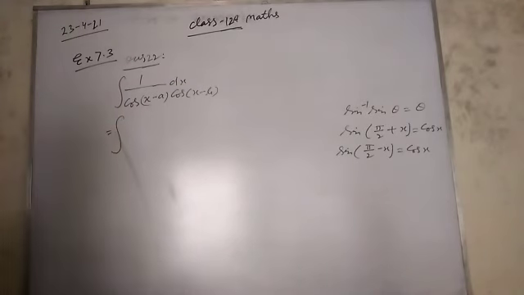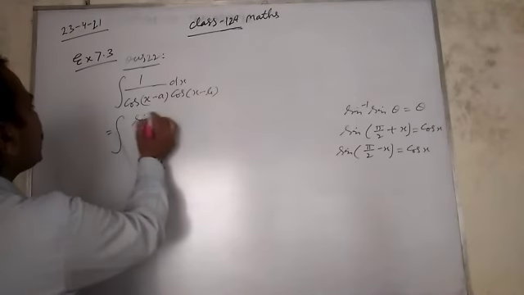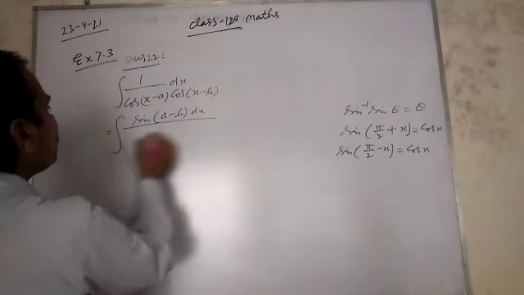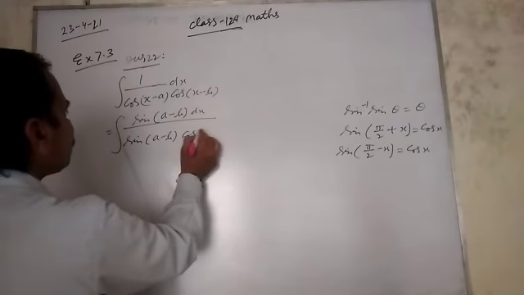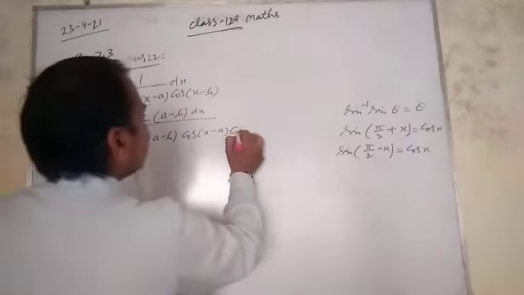If we suppose anything here, its differentiation will not adjust. So here you have to multiply by sin(a minus b) in the numerator and denominator both. Why we are multiplying, later you will understand.